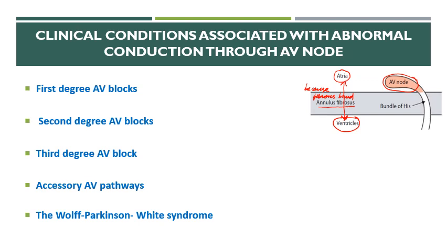So there is only one connection between the atria and ventricles for the transmission of impulses, and that connection is basically the AV node.